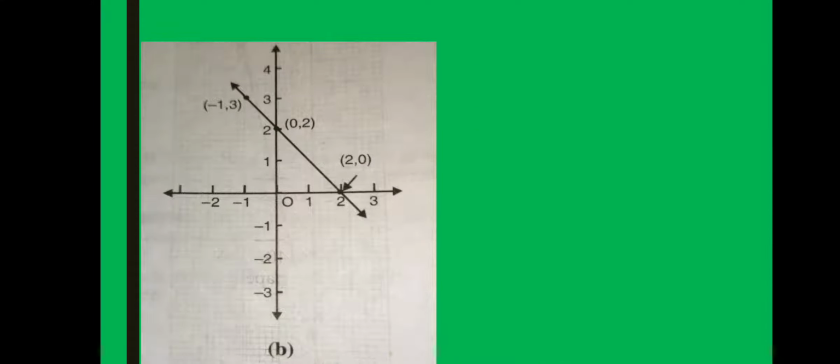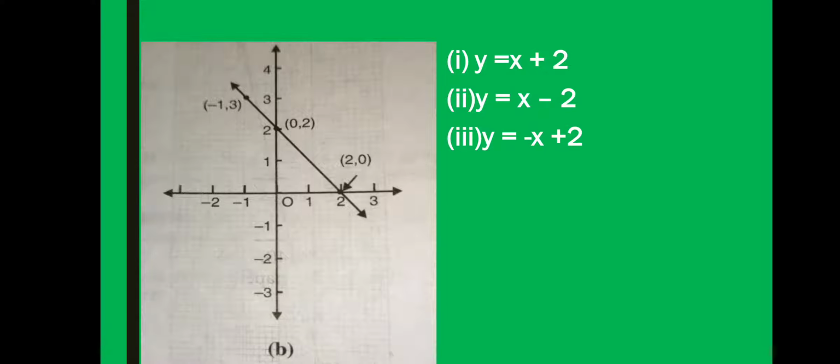Second part, that is part B. In this figure you have given three values, and your options are y is equal to x plus 2, y is equal to x minus 2, y is equal to minus x plus 2, x plus 2y is equal to 6. Okay, now we will check one by one. So first point is minus 1 and 3.